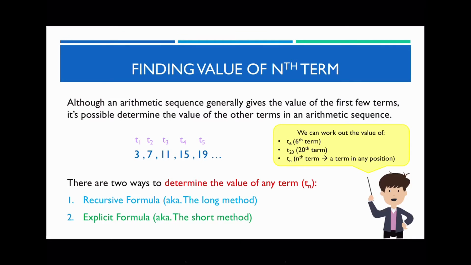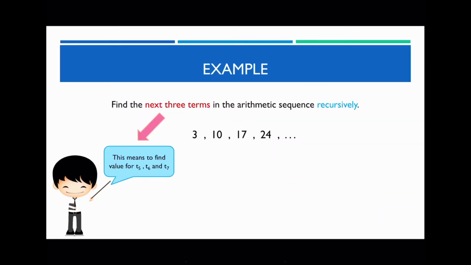We're going to quickly revise what the recursive method is. If you wanted to find the next 3 terms in the arithmetic sequence, you find the previous number and then keep adding the common difference. In this case, since we're trying to find the next 3 terms, we're trying to find T5, T6, and T7, since we know the first 4 terms within the sequence.